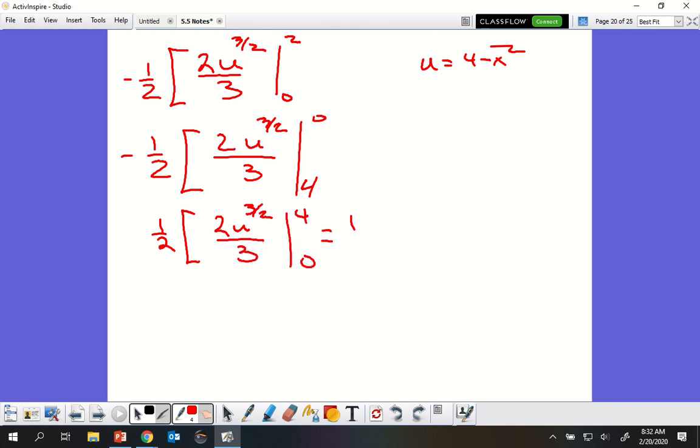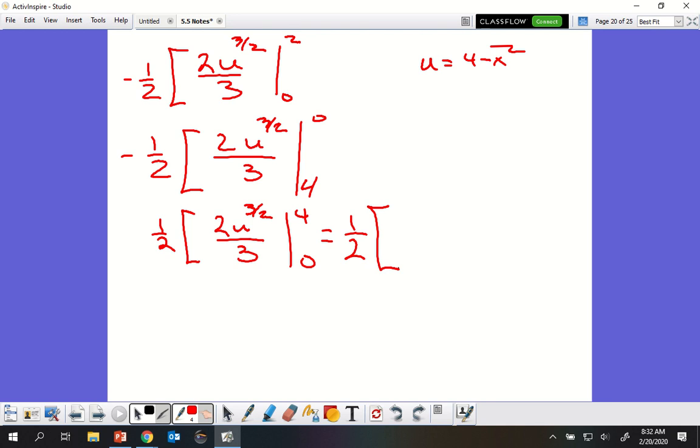Let's go ahead and put my constant out there. Now let's do top minus bottom. Plug in 4. The square root of 4 is 2. 2 to the third power is 8. Times 2 is 16 over 3, right?